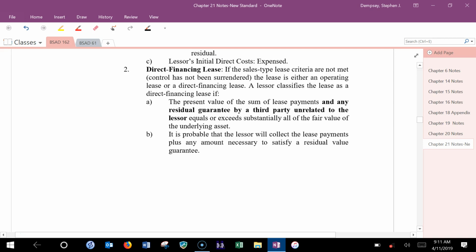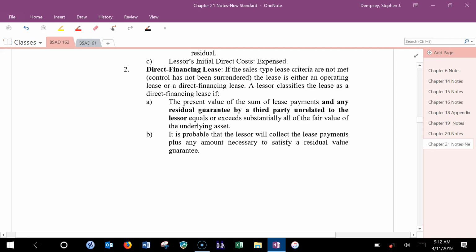And a lessor classifies the lease as a direct financing lease if, here's another moving part, the present value of the sum of the lease payments, which included any residual that was guaranteed by the lessee, remember, and any residual guaranteed by a third party unrelated to the lessor equals or exceeds substantially all of the fair value. So we do another fair value test.